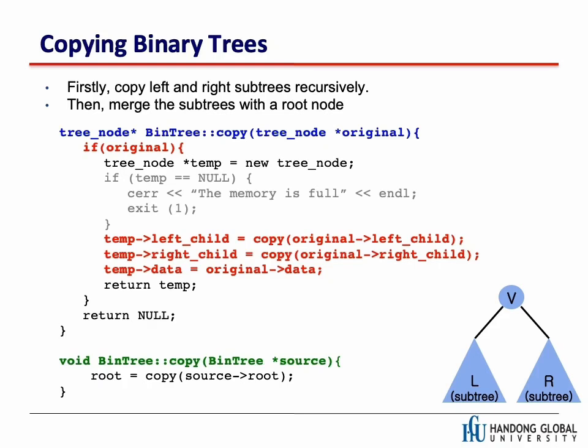This root will get the return of the copy function called with the source root. This copy means the first implementation of the copy function, because the type of source root is tree node pointer. The first implementation returns a tree node pointer, so root will get that.